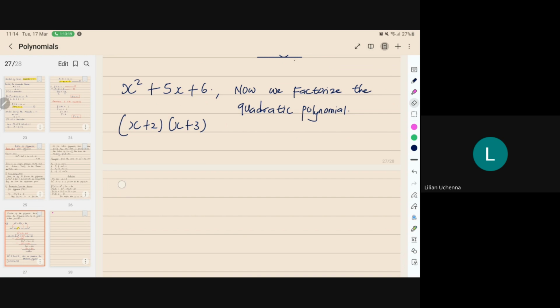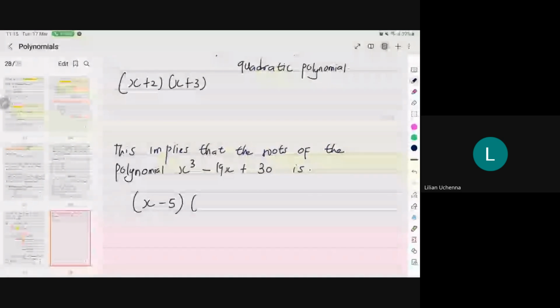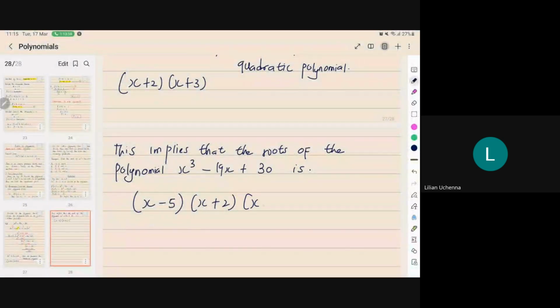So it means that this implies that the roots of the polynomial are x plus 2 and then x plus 3.